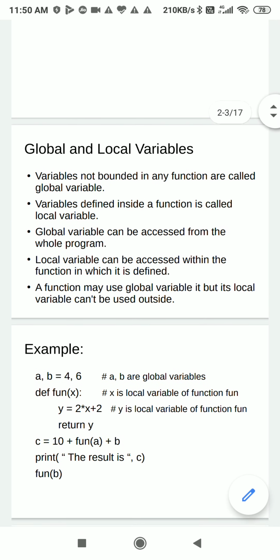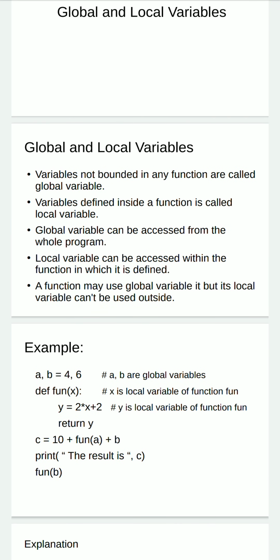For example, a, b = 4, 6. def fun(x, y): x = 2 * x + 2, return y. Here we have defined a and b as global variables because they are not defined inside the function, hence they can be used from inside the function and from the main program.